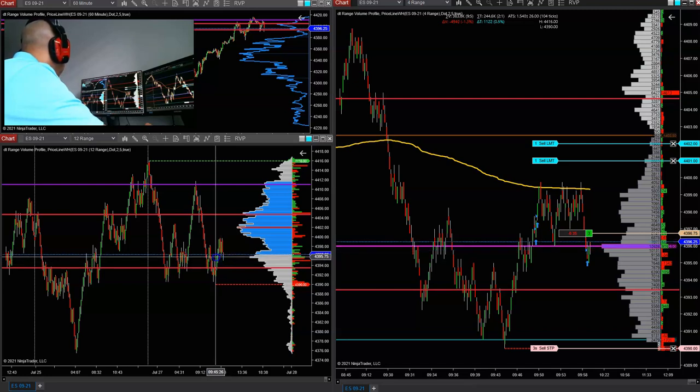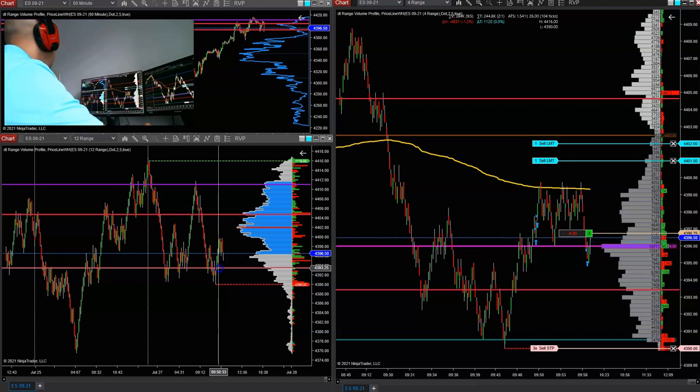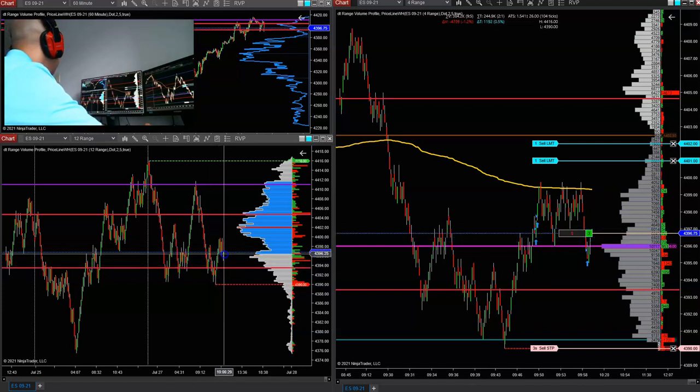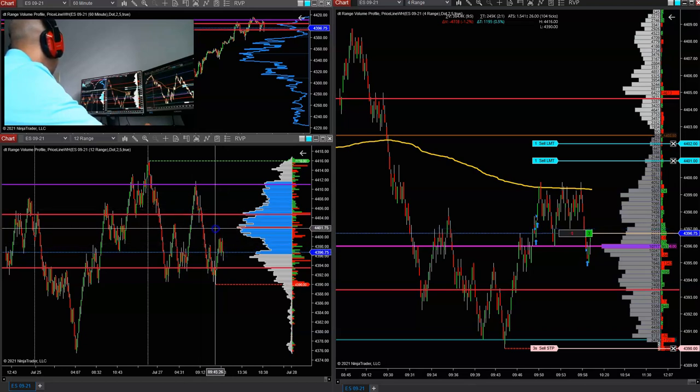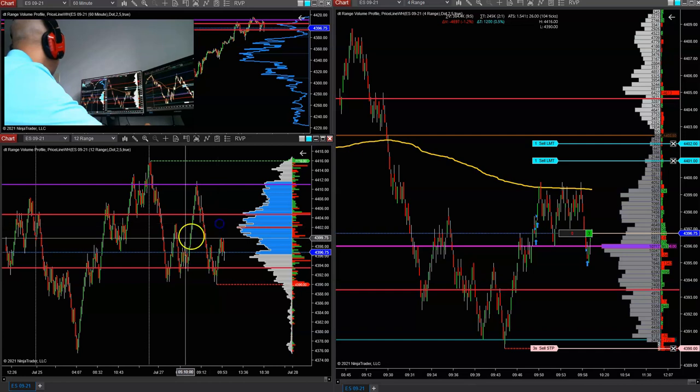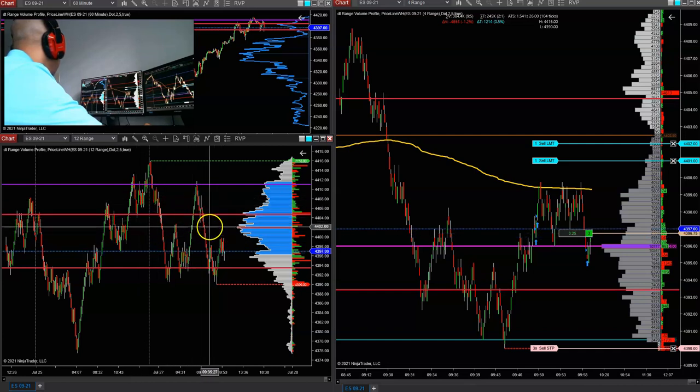I'm buying on the upper end of the range. I really should have waited for price to pull back to probably around this area here where it rejected at 43.93. But I see price breaking through this level here, and I'm looking at what's above it as far as resistance and what price action has done.